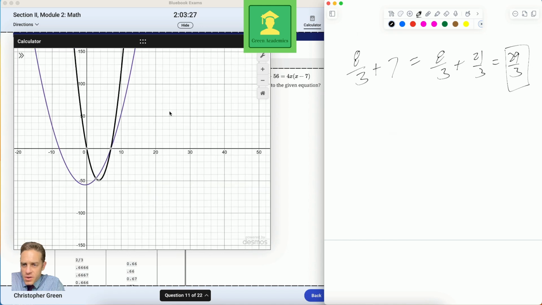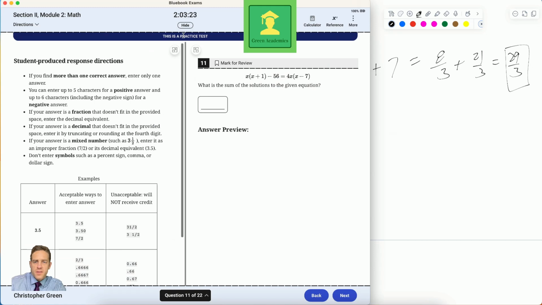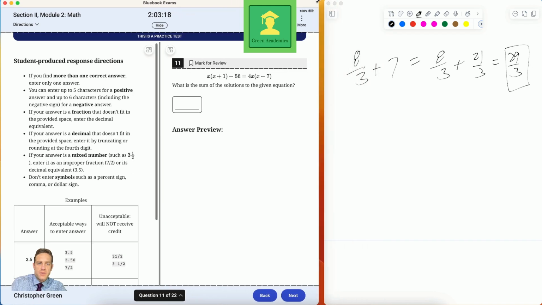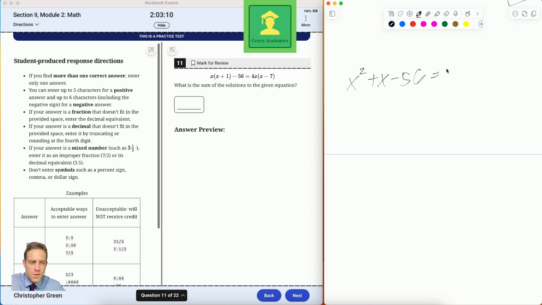Notice that you could have done this the more helpful way in my mind, which is to know the more abstract rules about the facts of a quadratic. So if I do the distribution, right, x squared plus x minus 56 equals 4x squared minus 28x. I'm going to make it a true quadratic by having one side be 0 and put everything else on the other side.